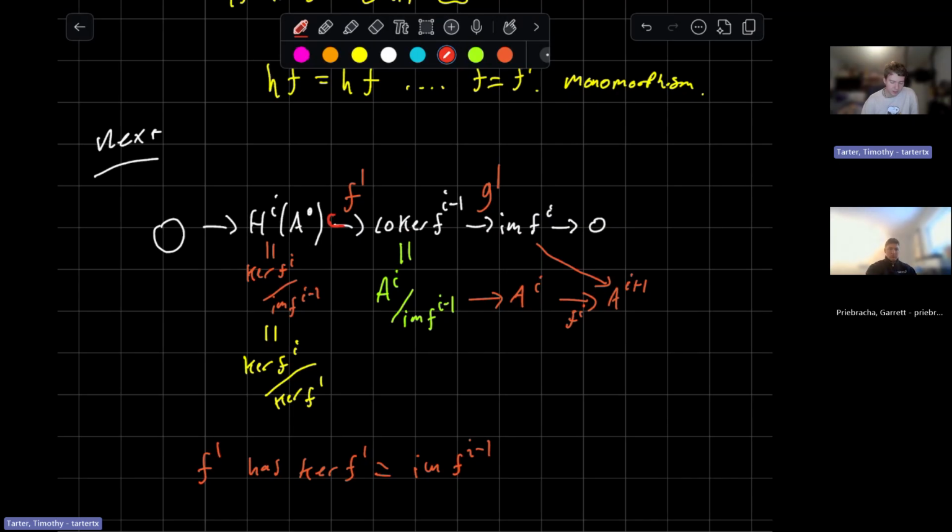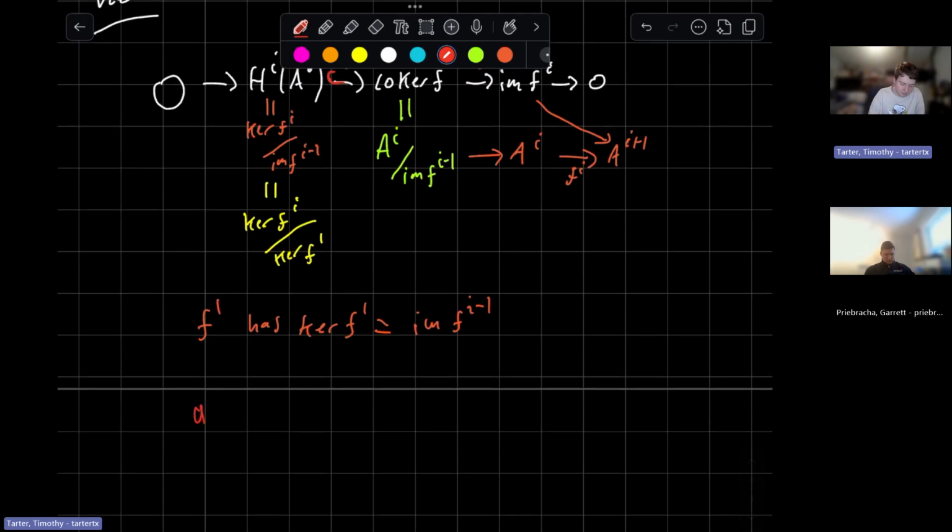So G prime should have kernel image of F prime. F prime has image, which is basically like an inclusion map into AI. So G prime should have kernel Gi equal to kernel Fi. So G prime has kernel G prime equal to kernel Fi.